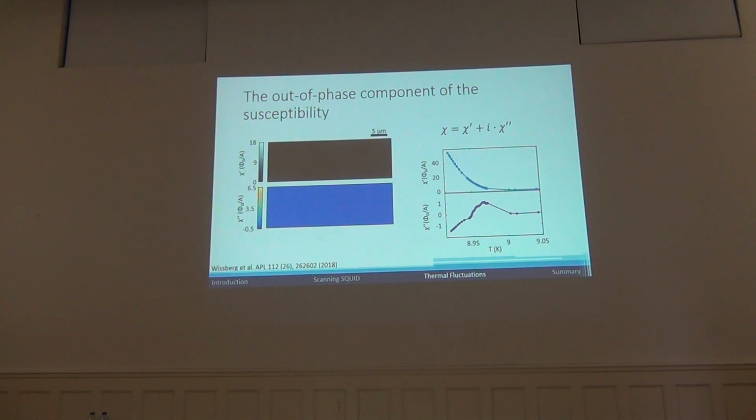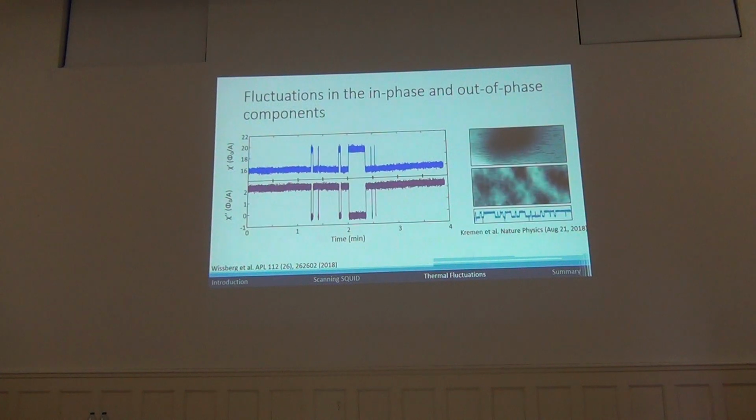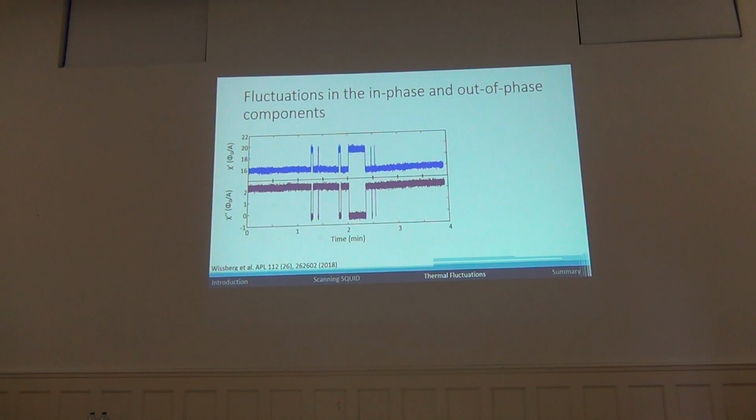Also, the in-phase and the out-of-phase follow the same structure as they evolve with the temperature. So it was not surprising when we found that the out-of-phase component also shows these modulations, fluctuations.